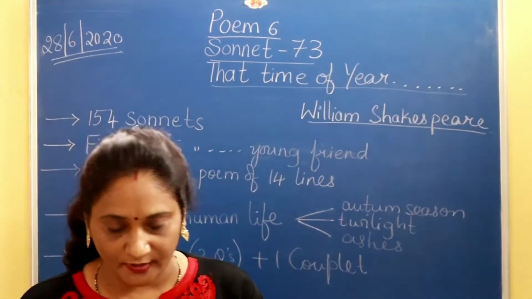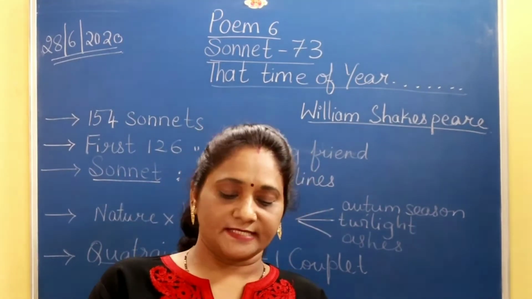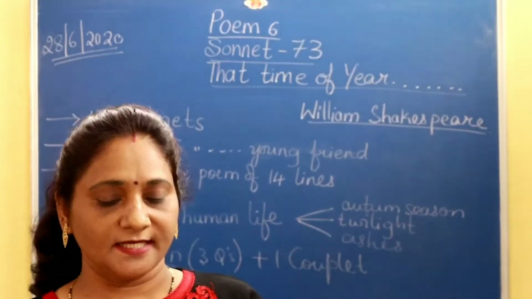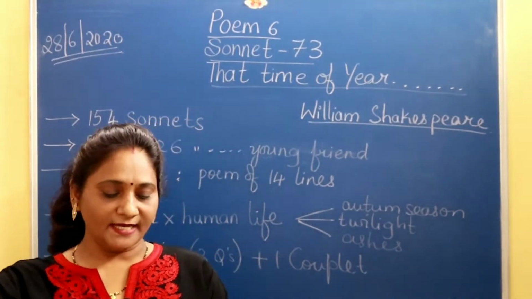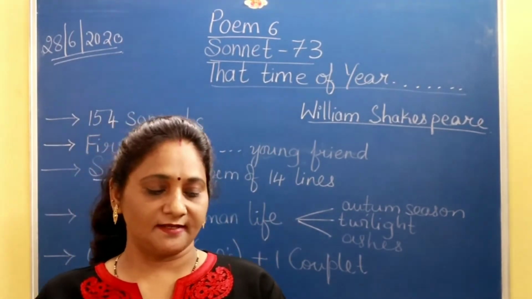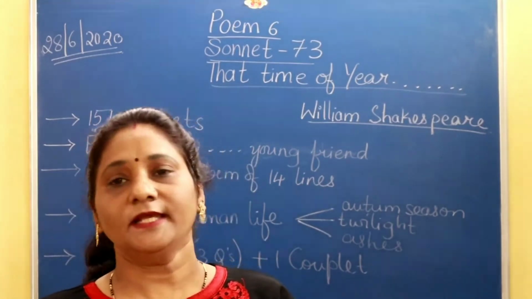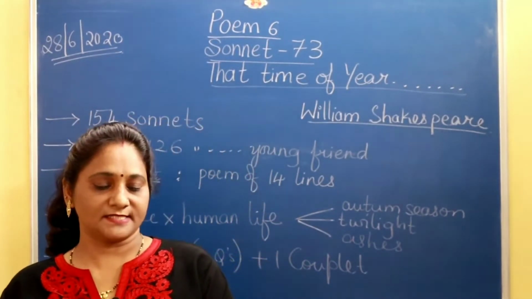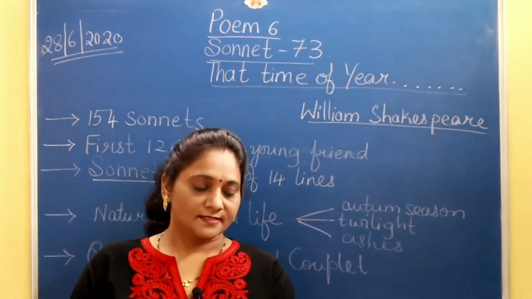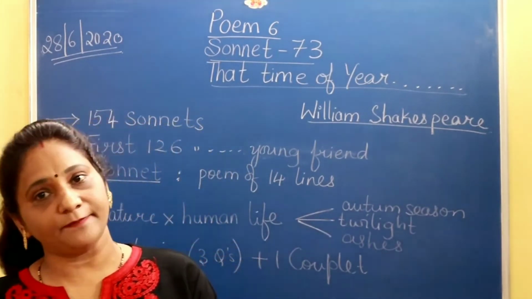This is the second quatrain. The poet says that his age is like a late twilight. Twilight, when the sun sets in the west, it slowly leads to darkness. The poet compares this to death's second self, that is sleep.